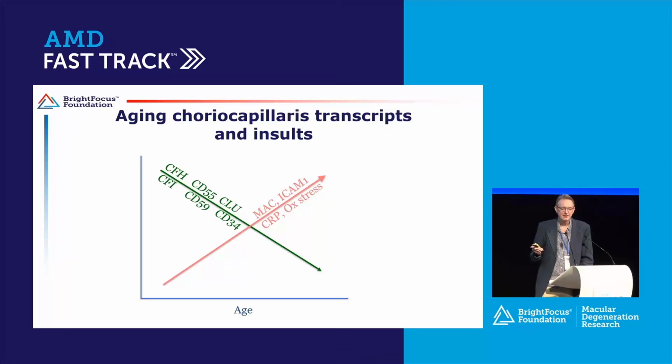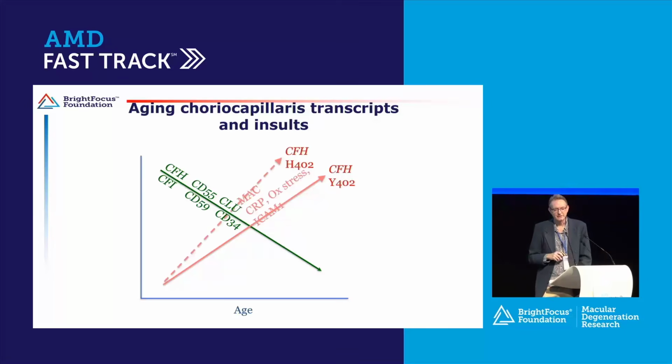But this delta is even greater in the presence of the Y402H genotype. So all of the things we see in normal aging are worse in AMD and worse if you have Y402H.